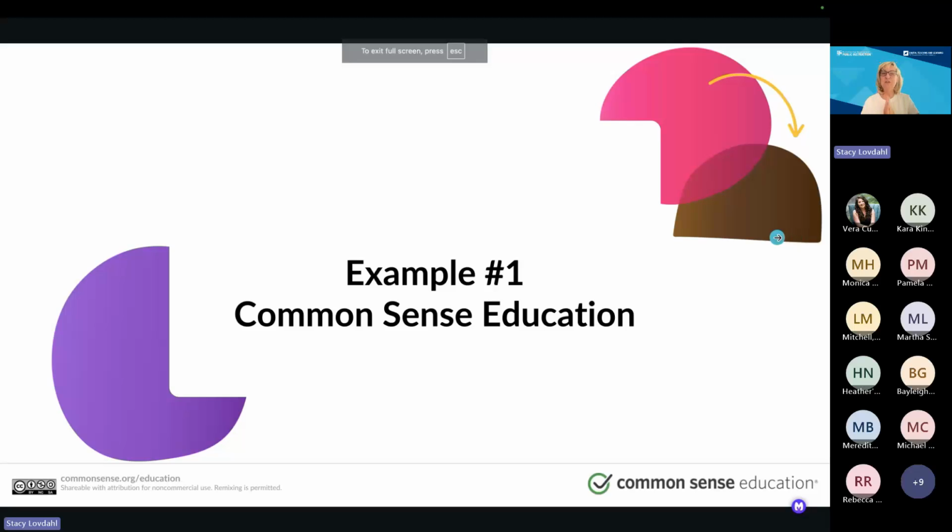Okay, so the first example of an approach to beginning AI literacy with secondary students is from Common Sense Education. This is an example where I took a lesson from Common Sense Education and then customized it for a high school class.